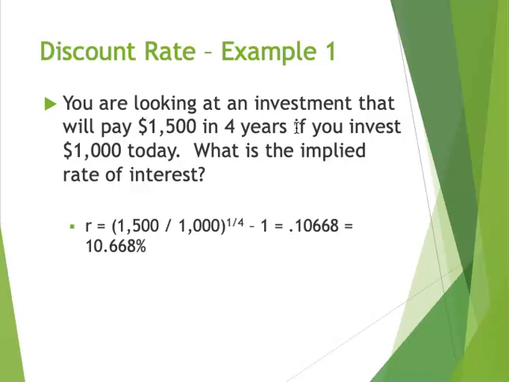So we are looking at what would be the interest rate that would make this $1,000 go to $1,500 in 4 years, right? The way to calculate using the formula is the $1,500 divided by the $1,000, the future value divided by the present value, to the power 1 divided by t, so 1 divided by 4, minus 1, which gives us 0.10668, which basically translates into 10.668%.